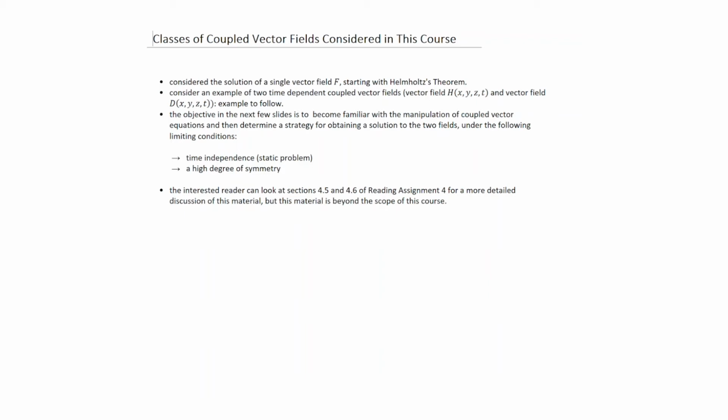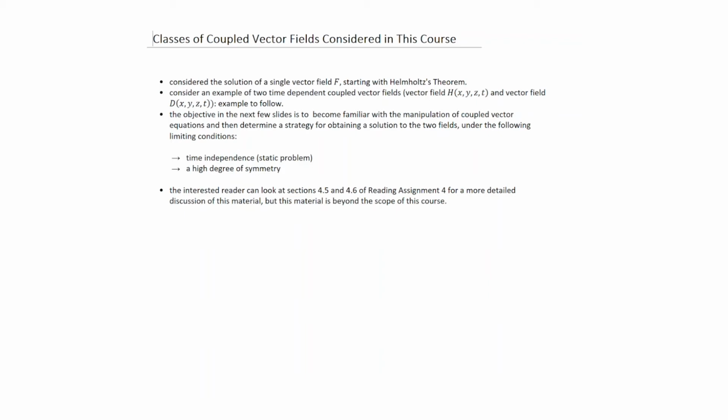The objective of the next few slides is to become familiar with the manipulation of coupled vector equations and then determine a strategy for obtaining a solution for the two fields under the following limiting conditions: time independence, which means we're dealing with a static problem, and a problem in which a high degree of symmetry exists.